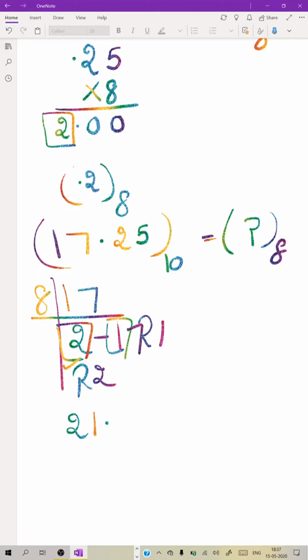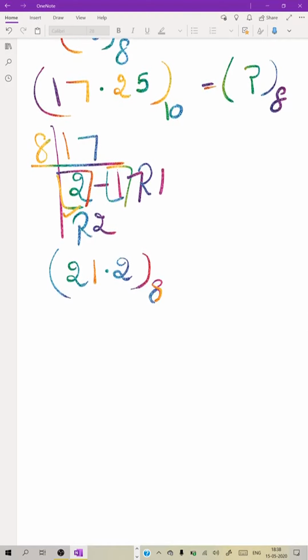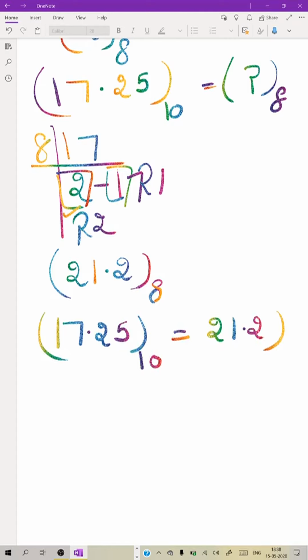And now 0.25 we have already calculated, 0.25 is 2 in octal, so write down 2 here. So how do you write your answer? 17.25 decimal is equivalent to 21.2 octal.